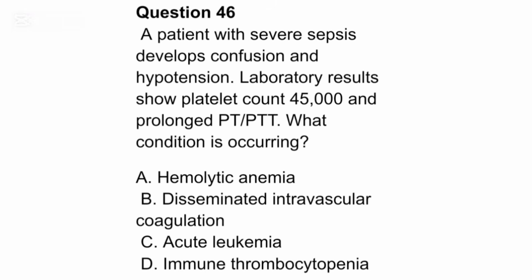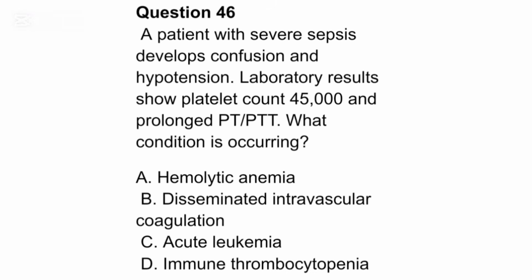Question 46. A patient with severe sepsis develops confusion and hypotension. Laboratory results show platelet count 45,000 and prolonged PT/PTT. What condition is occurring? A. Hemolytic anemia. B. Disseminated intravascular coagulation.